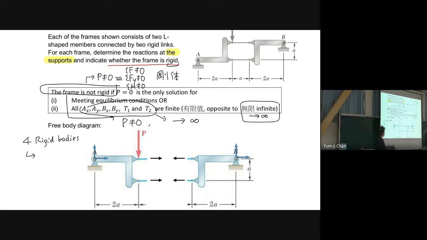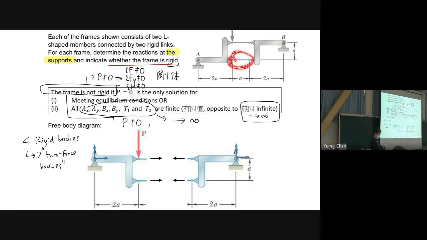Within these 4 rigid bodies, 2 are two-force bodies.